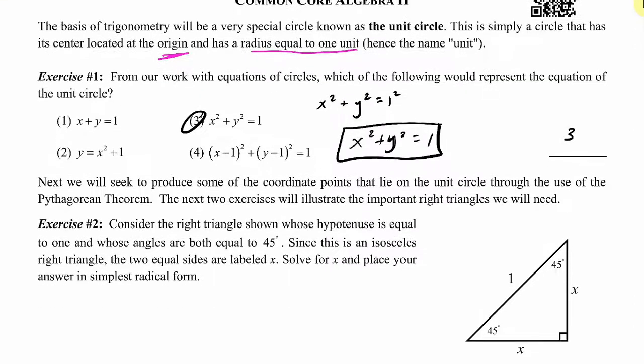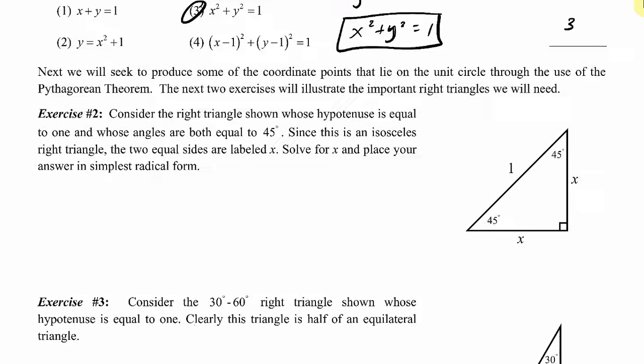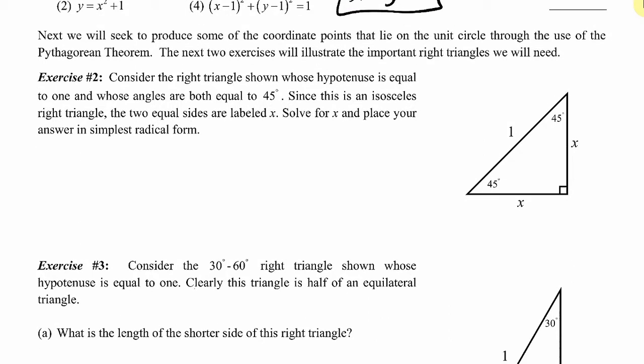All right. Next, we will seek to produce some of the coordinate points that lie on the unit circle through the use of Pythagorean's theorem. The next two exercises will illustrate the important right triangles we will need. So in question 2, we're dealing with a 45, 45, 90 right triangle, an isosceles right triangle.